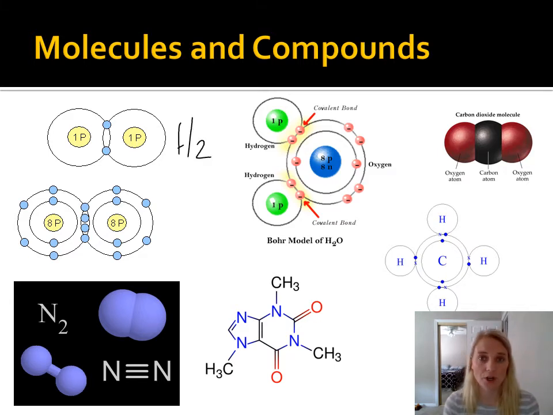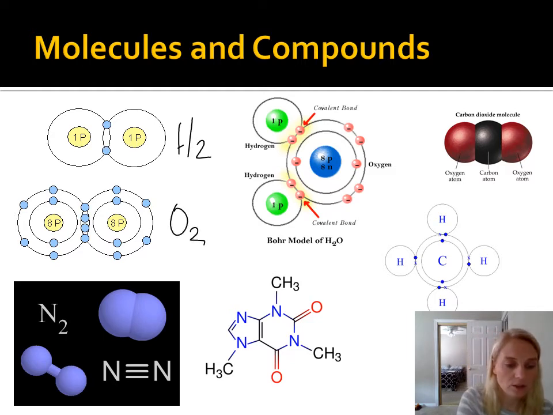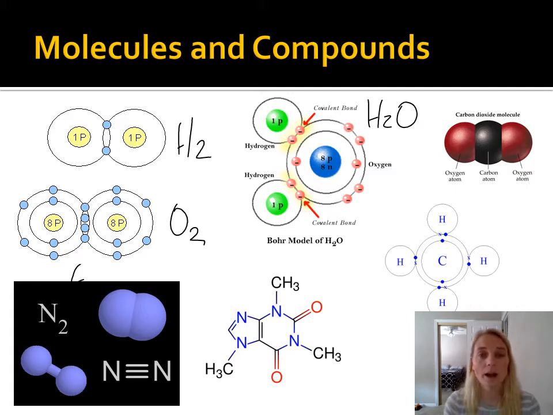We have 2 hydrogen atoms hooked together. This is O2. We have 2 oxygens hooked together. Here's an N2. 2 nitrogens hooked together. This is water. 2 hydrogens and an oxygen. This is carbon dioxide. This is methane. And I don't know what that is, but it's a lot.